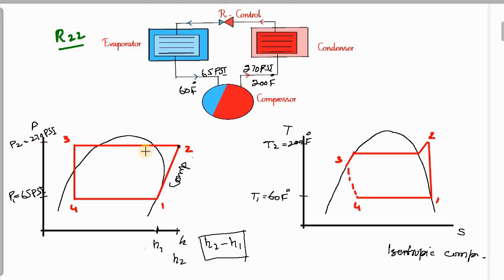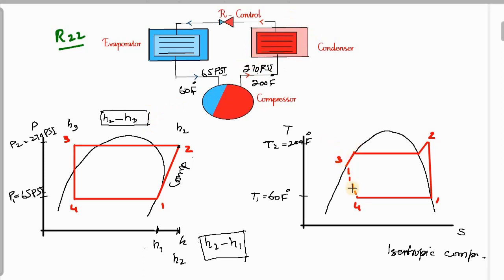But the enthalpy of the system decreases from point 2 to point 3, from the H2 value to the H3 value, and the total heat rejected is H2 minus H3. This is the total heat rejected by this condenser.